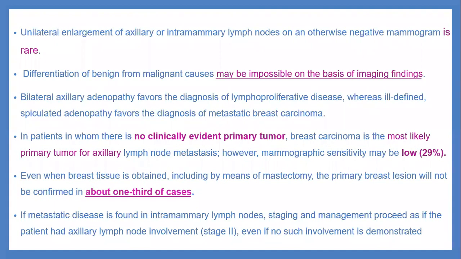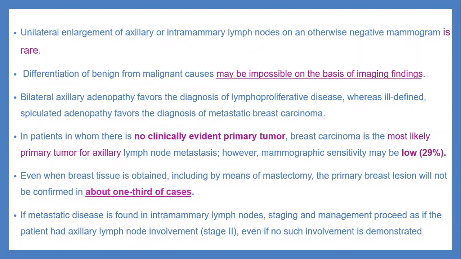In patients in whom there is no clinically evident primary tumor, breast carcinoma is most likely the primary tumor for the axillary lymph node metastasis. If the patient has no primary tumor at all and comes with an enlarged axillary lymph node, suspicious on imaging, and a biopsy is found to be metastatic adenocarcinoma of unknown primary, the most likely primary site will be the breast.